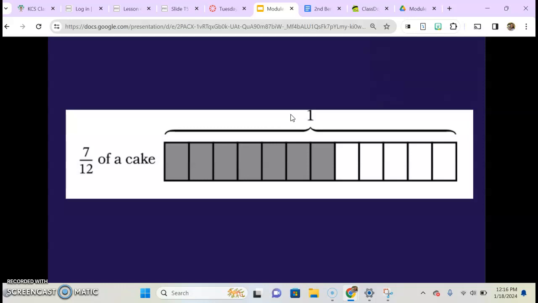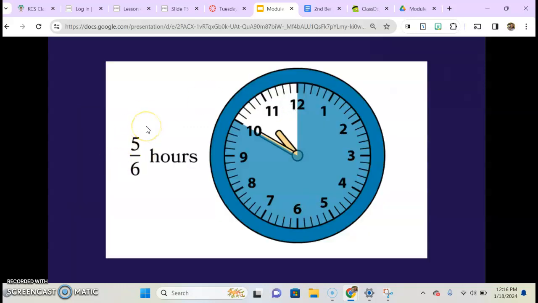Which you know wouldn't be true with me because what fraction would I have eaten? You're right, 1 whole or 12/12. You can also represent fractions on a clock. This time represents 5/6 of an hour.